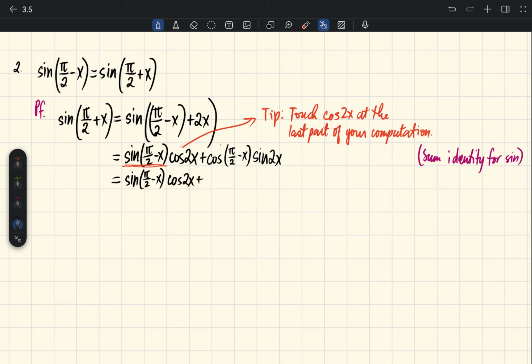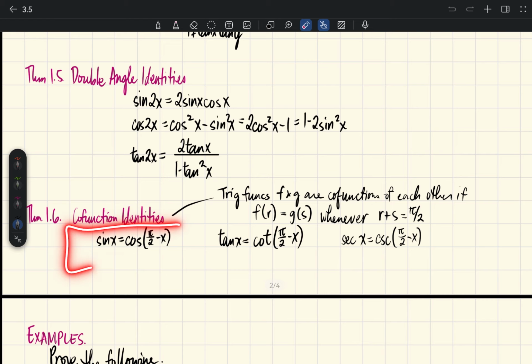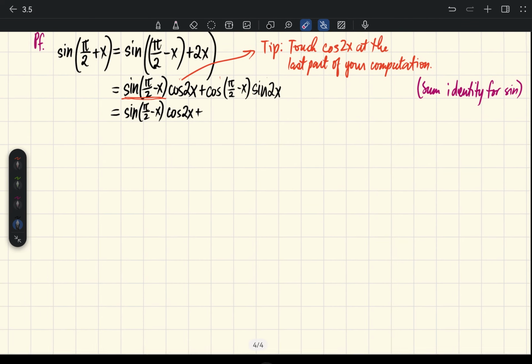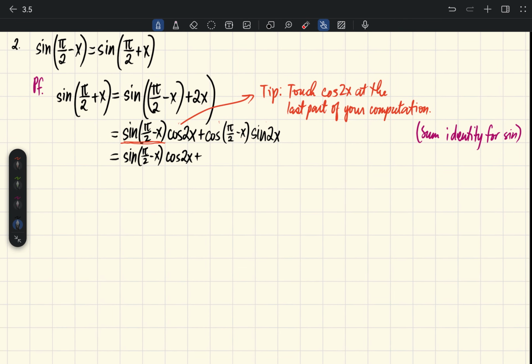First is cosine of pi over 2 minus x. So this one is just your cofunction identity. So take note that sine and cosine are cofunctions of each other. So cosine of pi over 2 minus x can be written as sine of x.